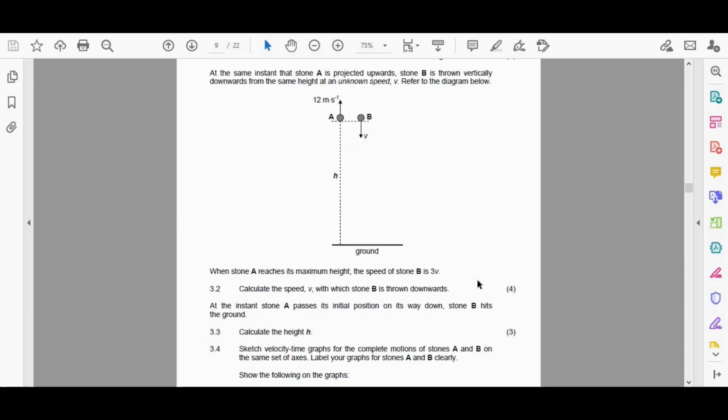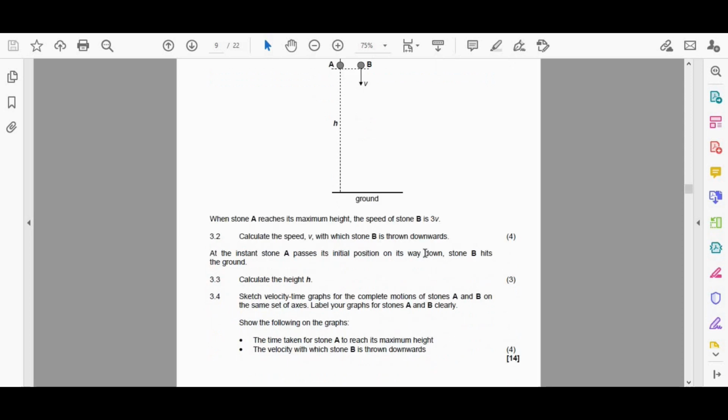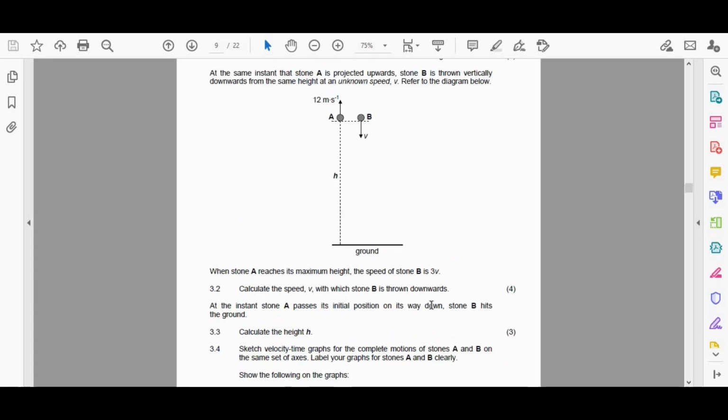Calculate height h, and then sketch a velocity-time graph for the complete motions of both stones A and B on the same set of axes, and label our graphs stone A and stone B clearly. You need to show 2 things on the graph: the time taken for stone A to reach its maximum height, and the velocity with which stone B is thrown downwards.